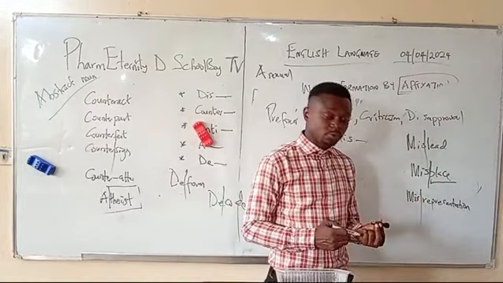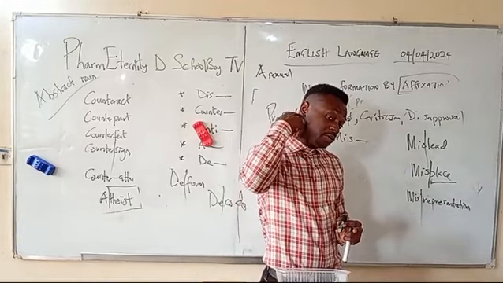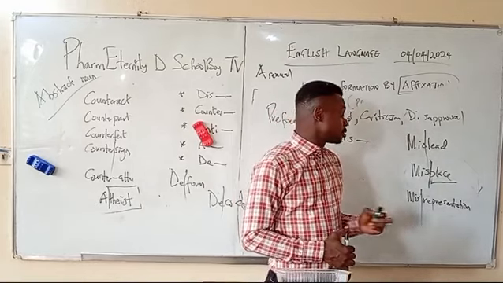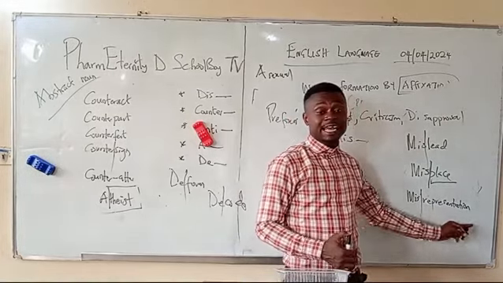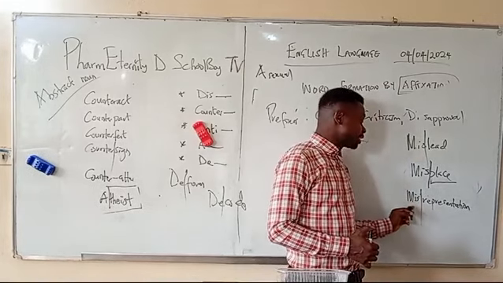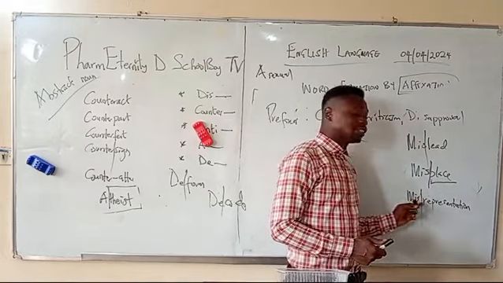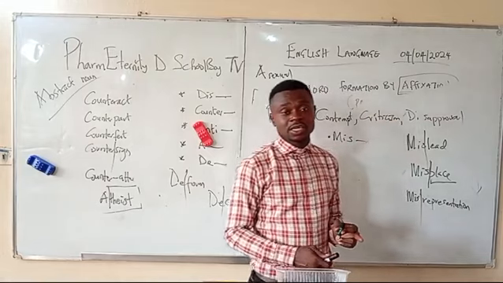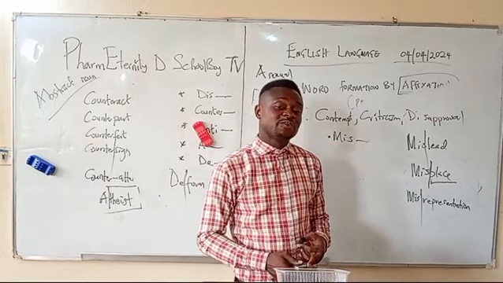Representation is the root word, and representation is a noun. So misrepresentation is also a noun. But what changes is the meaning. Once you add this mis, it will change the meaning of the representation. So misrepresentation is wrong representation or bad representation.